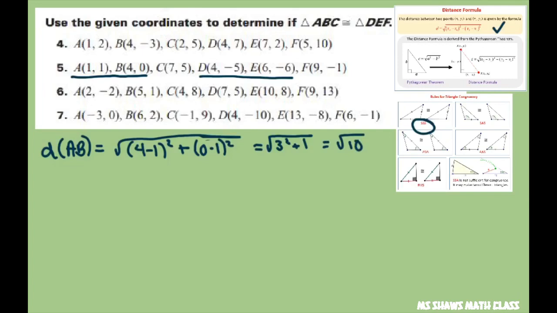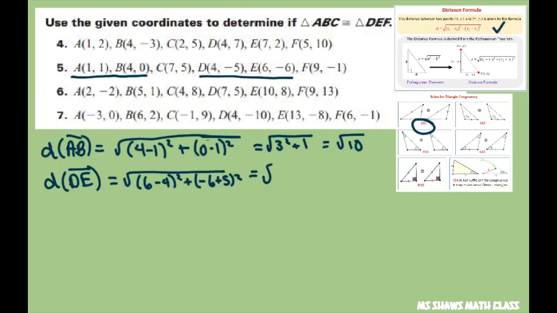Now let's try DE. And these are line segments. So that's going to be 6 minus 4 squared plus negative 6 minus a negative 5, so it's going to be plus 5 squared.